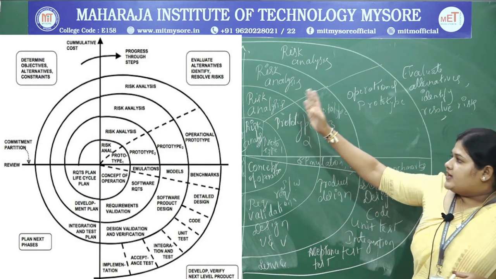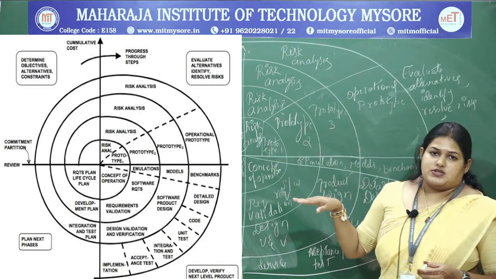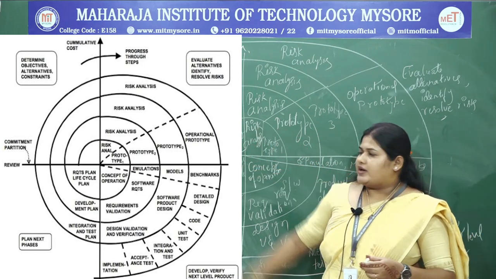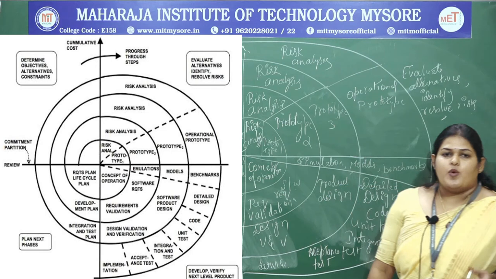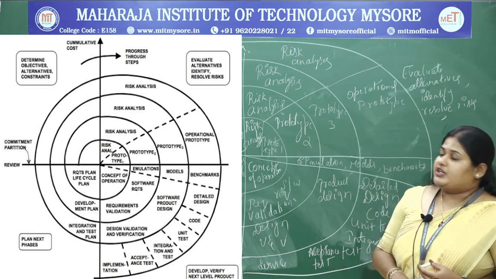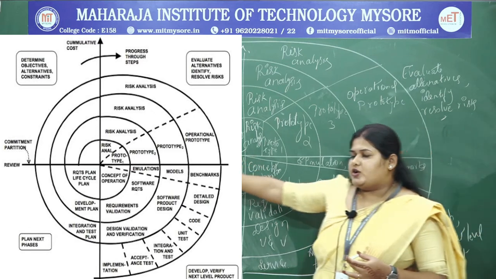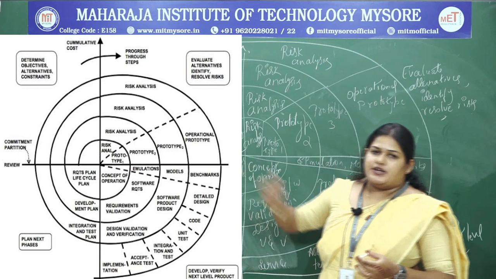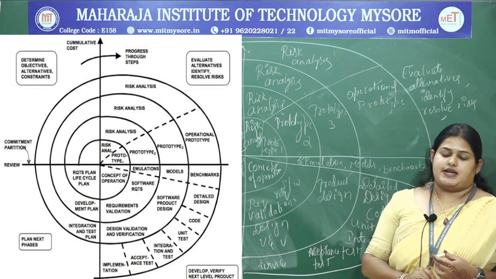So, why has it been divided into four sections in the spiral model? Basically this was named by Boehm, that is why it is called Boehm's spiral model. As I said, the basic objective here is first to determine the objectives and find the alternatives and the constraints.